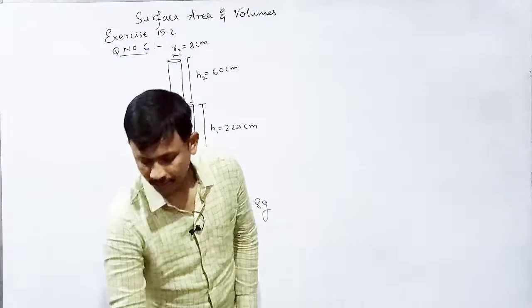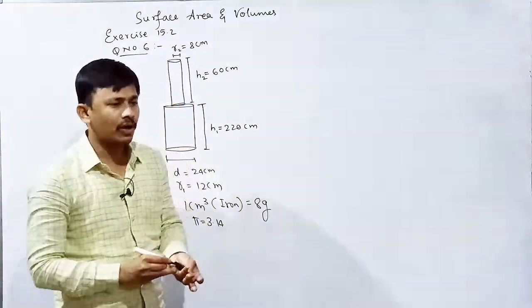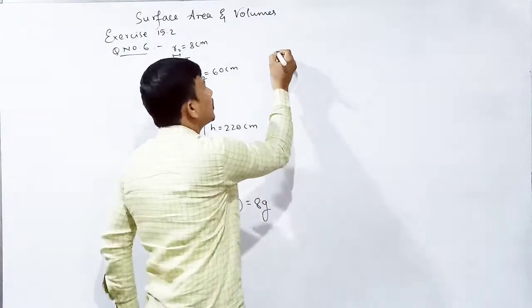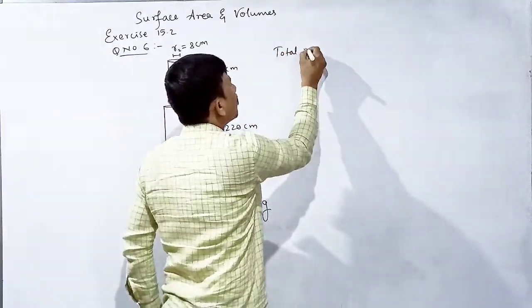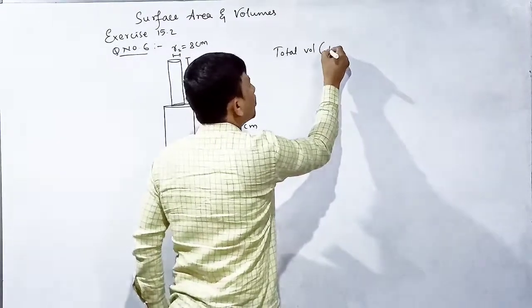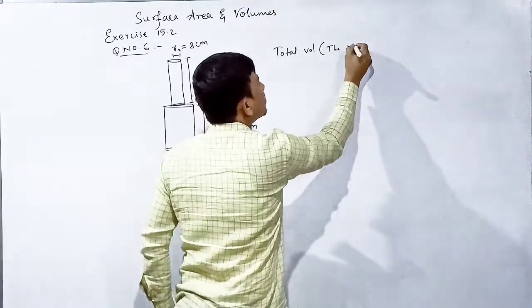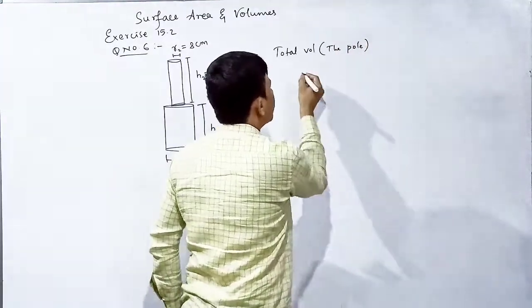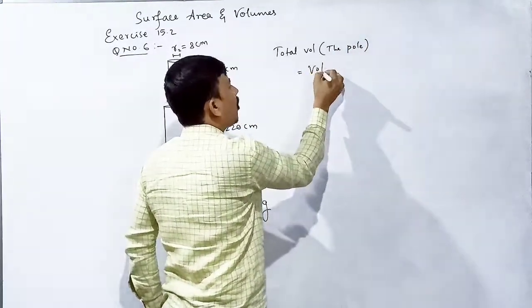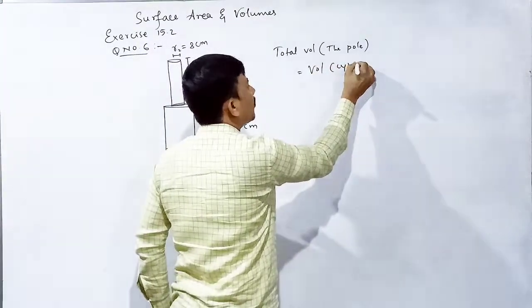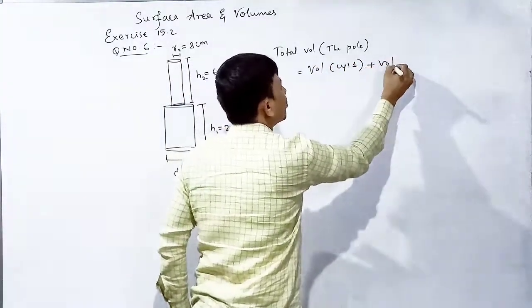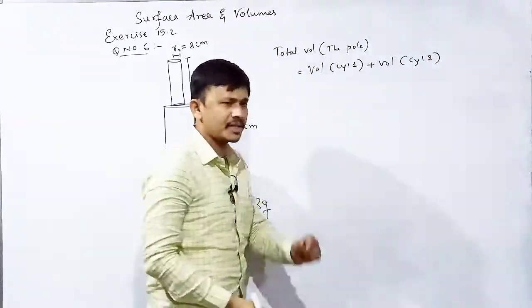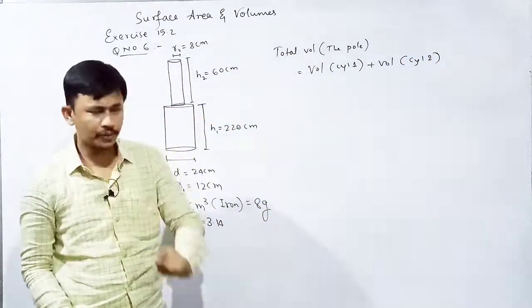Okay. The total mass is nothing but what? Total volume. Total volume of the pole, single pole, is equal to volume of cylinder 1 plus volume of cylinder 2, the cylindrical shape of pole 1 and pole 2.